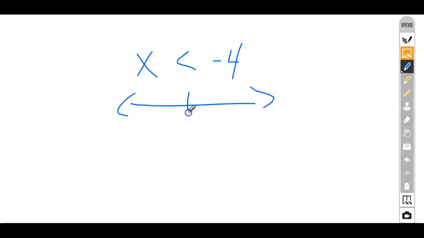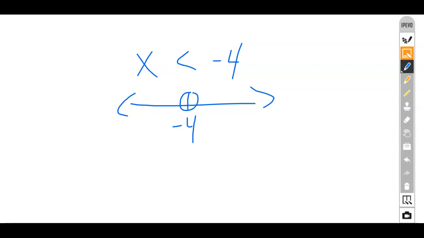Then we talk about graphing them. So what did I say that was? X is less than negative 4. So now graph. What do we do to graph? Open or closed circle? Open circle, right? Because it's just less than, not or equal to.